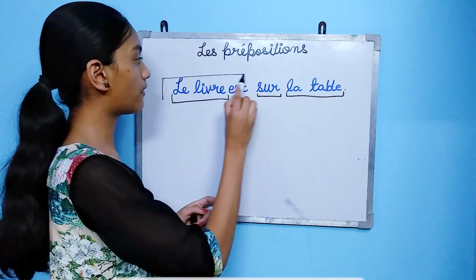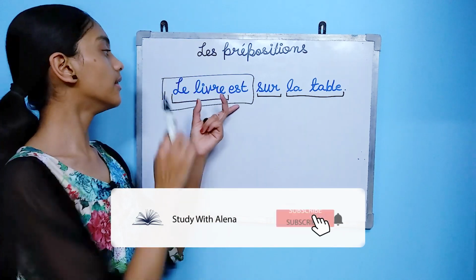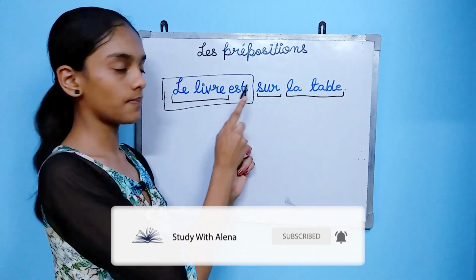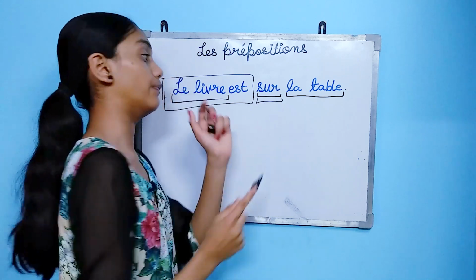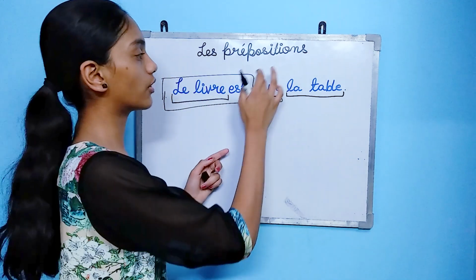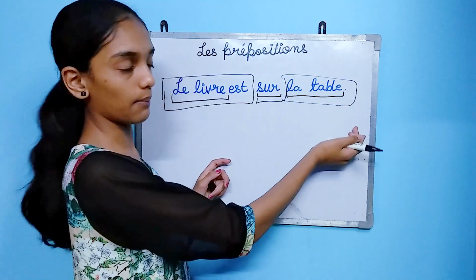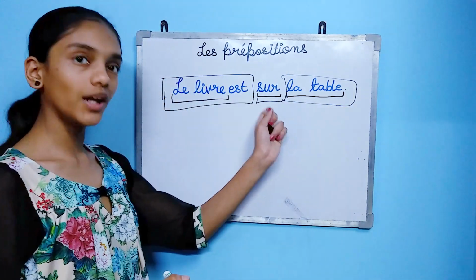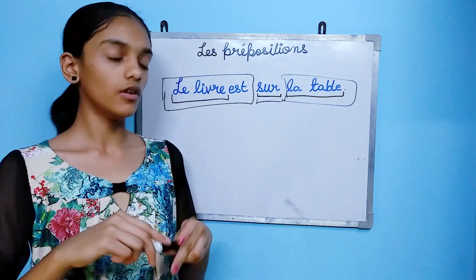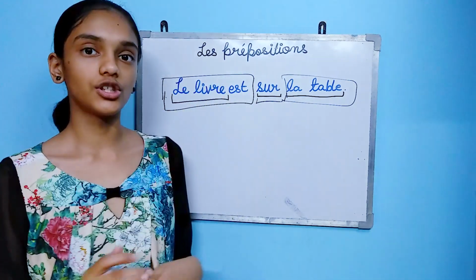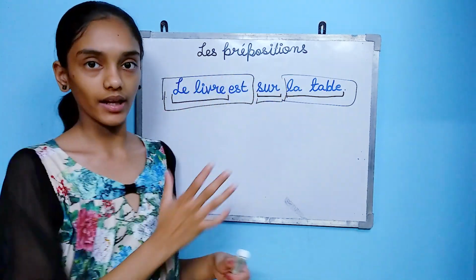My first element is this whole thing, the book is. Now I will tell where the book is, which is the book is on. And the second element, the table. The book is on the table. So the preposition connects these two elements.